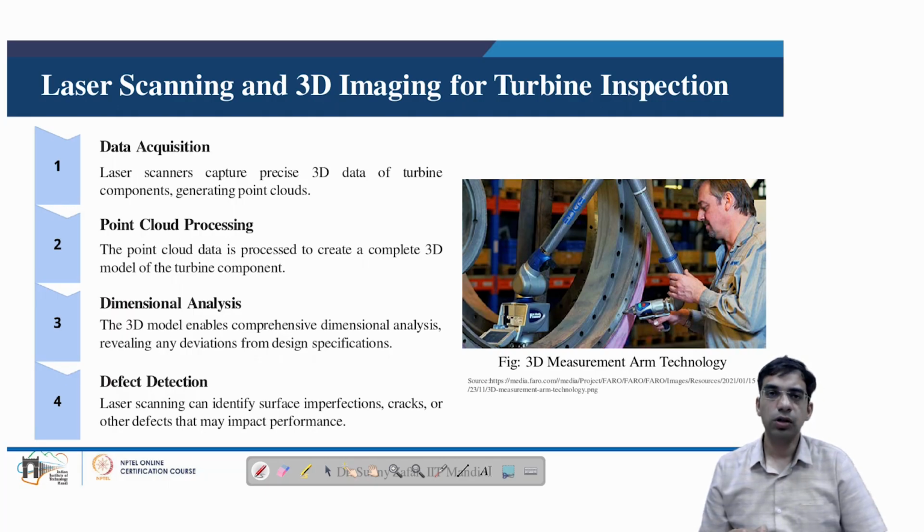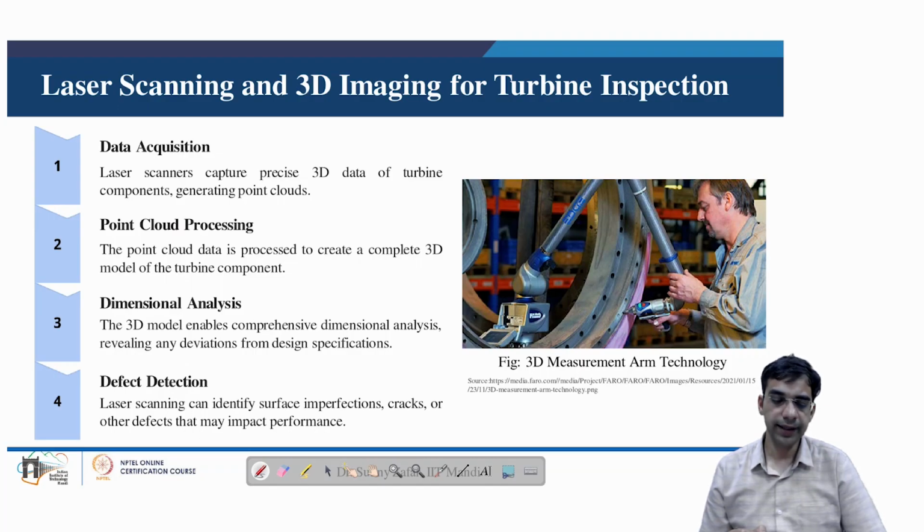Laser scanning is also useful in dimensional analysis. The three-dimensional model enables comprehensive dimensional analysis, revealing any deviations from specific design specifications. As I mentioned earlier, laser scanning is very useful to create digital twins, which can be useful for defect detection.